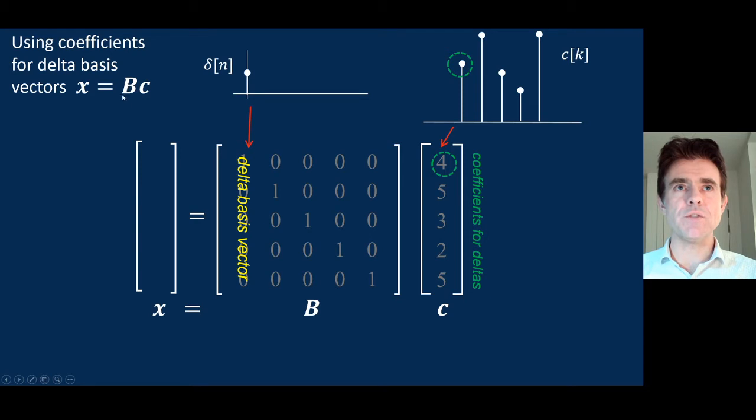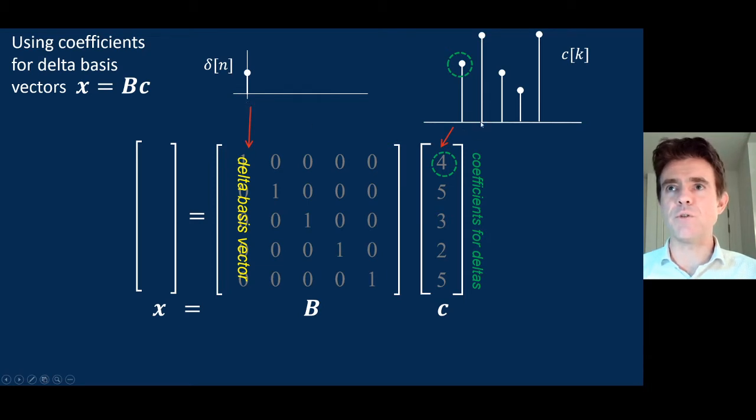So B is the matrix holding those delta basis functions, basis vectors, and c is the vector of coefficients. So I've got coefficients here for those delta functions stored in that coefficients vector c, and I'm just showing how we'd go about finding that output vector x. So that first column is just the delta function located at that first sample point, which we're indexing by 0.